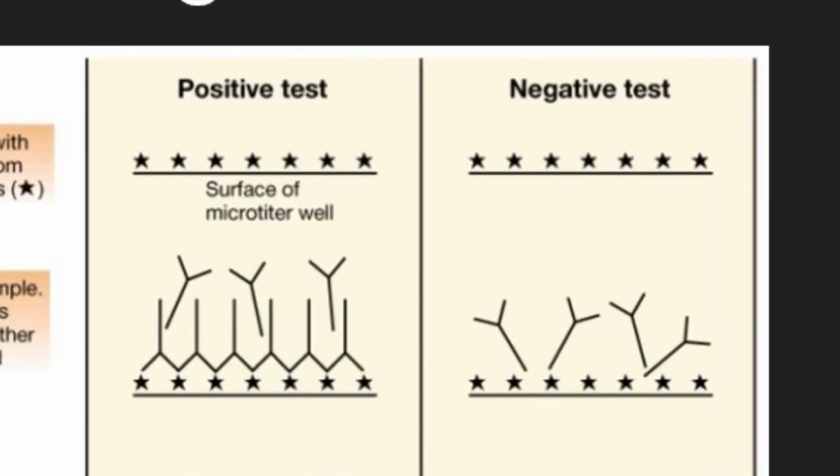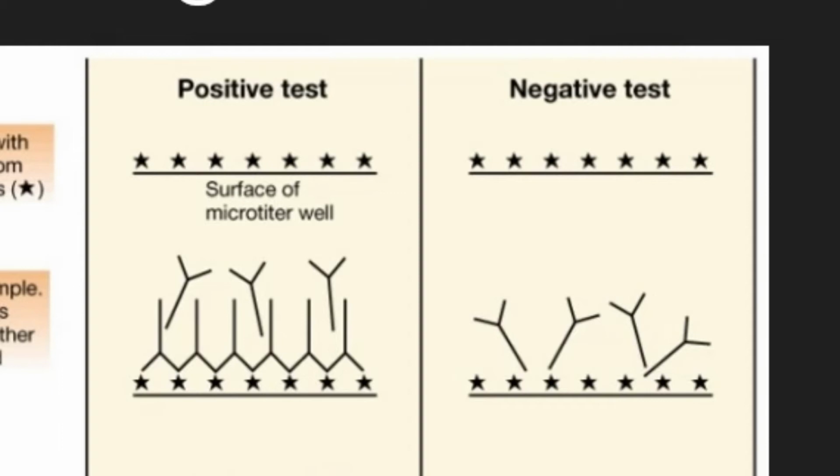So of course those would look very similar to this diagram we have set up here, where you have antigen, right? HIV 1 and 2 antigen adhered to the surface of a microtiter well. You would add the patient sample.